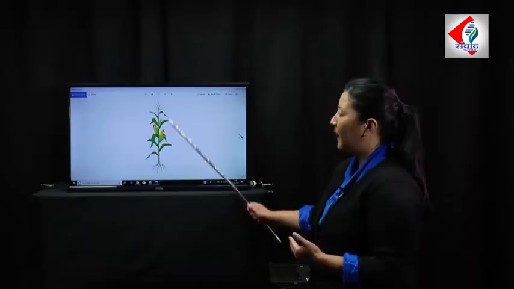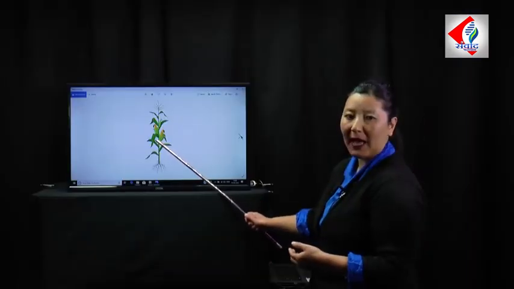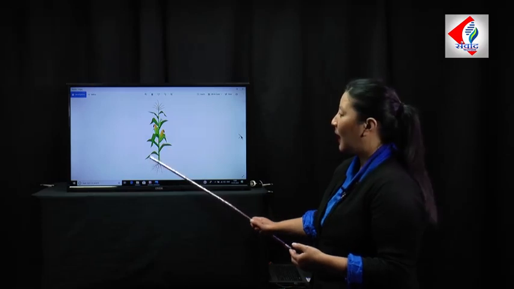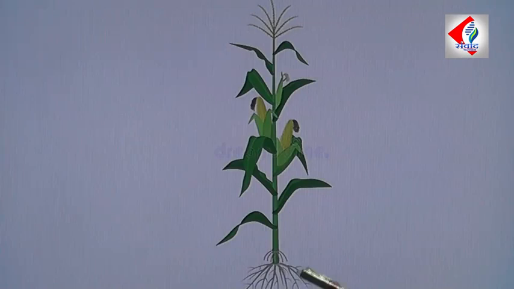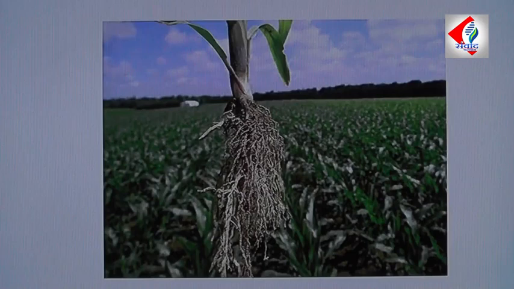This is a maize plant with leaves having parallel venation, and the roots are mostly fibrous. So plants which have parallel venation mostly have roots that are fibrous in nature. See here, you can see a picture of a maize plant and all the roots coming out from the plant.